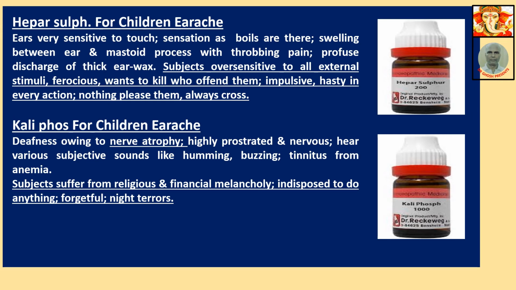Various light sounds, tingling sounds are heard by the person himself, but nobody else hears it. This is a symptom of anemia also. Subjects suffer from religious and financial melancholy. These are Kali phos general symptoms: indisposed to do anything, forgetful, night terrors.